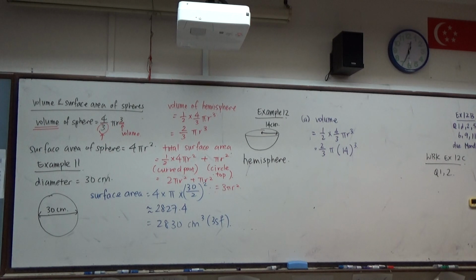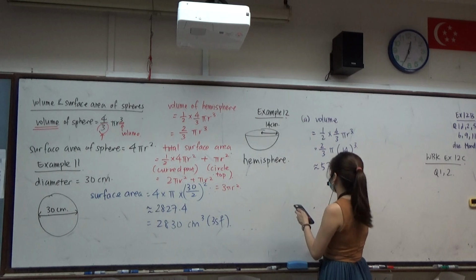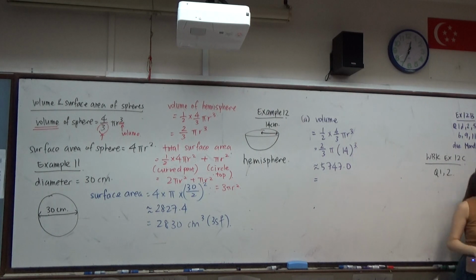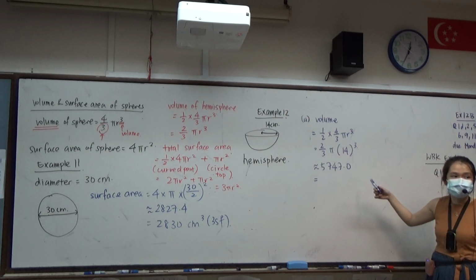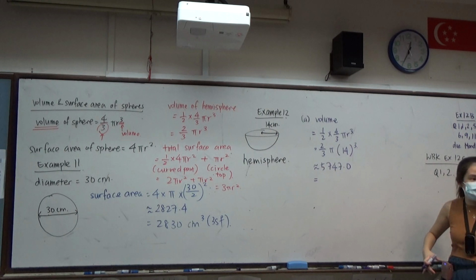We get about 5747.0. And then this one, rounded off to 3SF, becomes what? 5750. Chloe, what do you think? Round off to 3SF. 5750. Okay, yes.